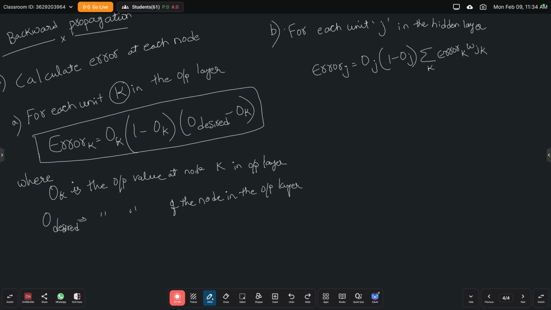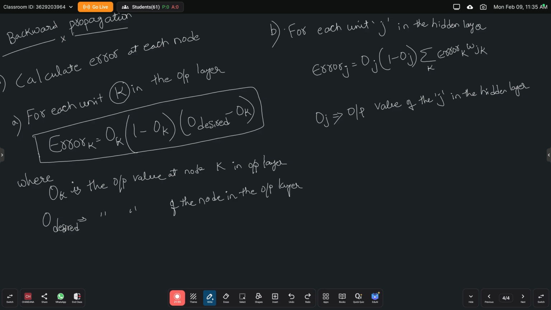W means weight. Here oj is the output value of j in the hidden layer, and ok is the output value of k in the output layer.